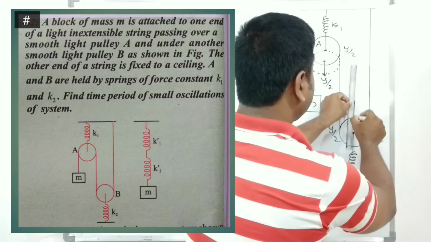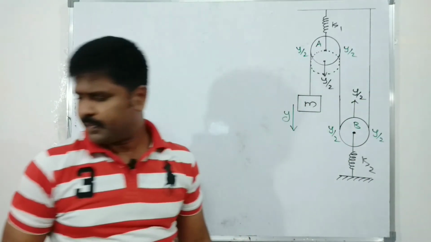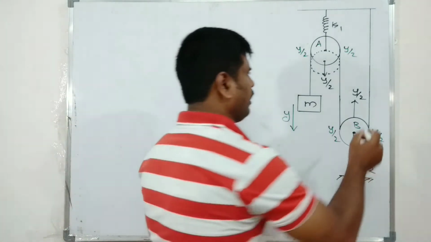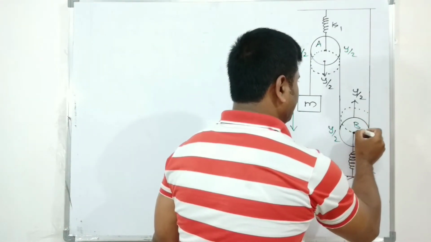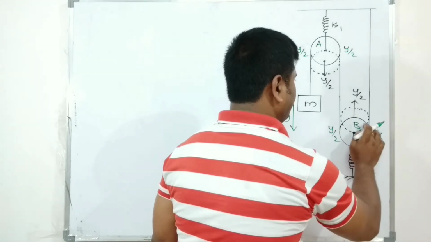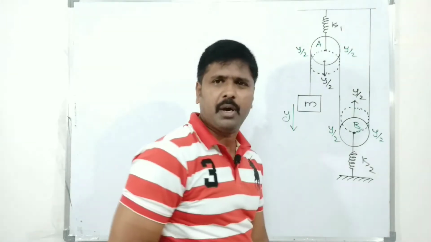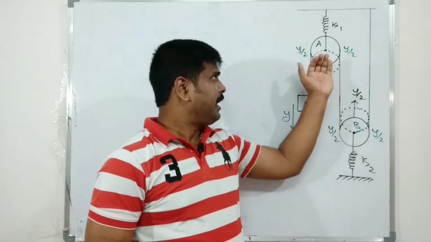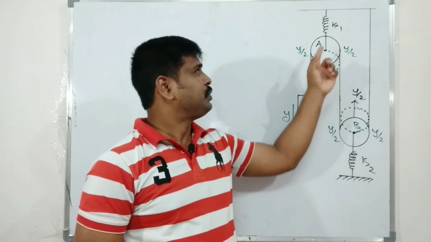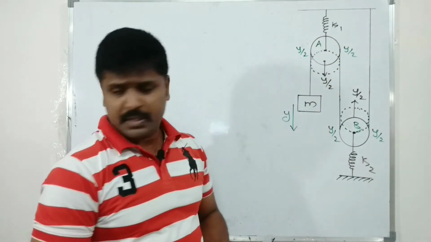This pulley is y by 2 upward direction, approximately. Think practically here: pulley A moves downward y by 2 due to the force constant K1, which is a spring.